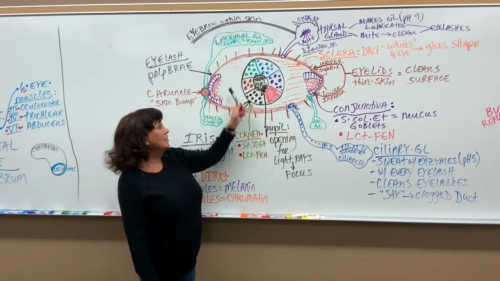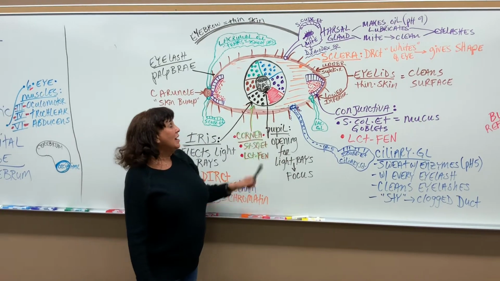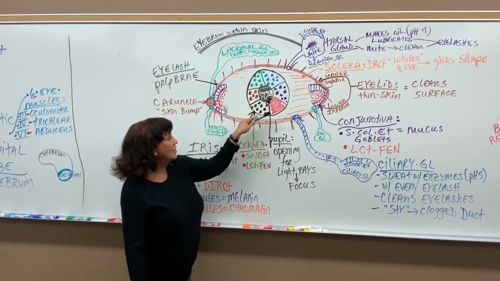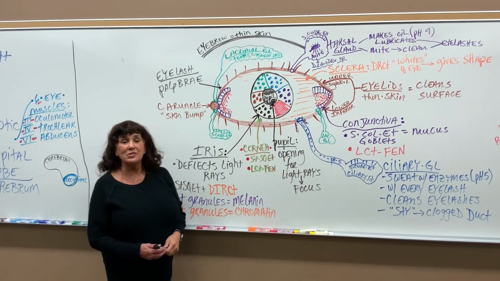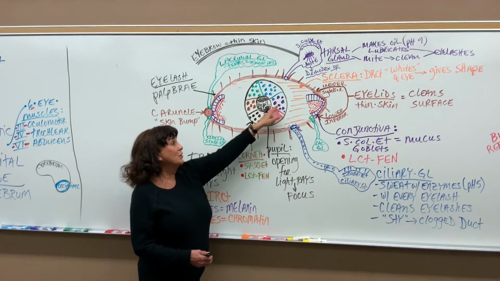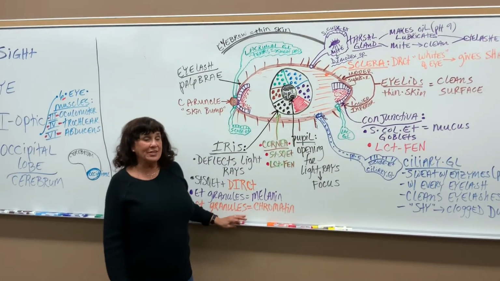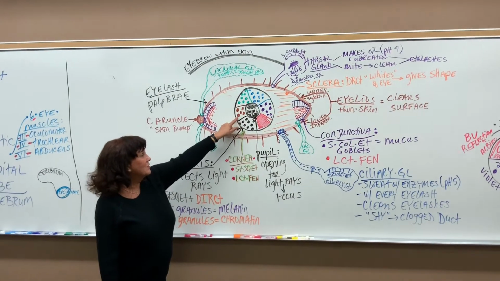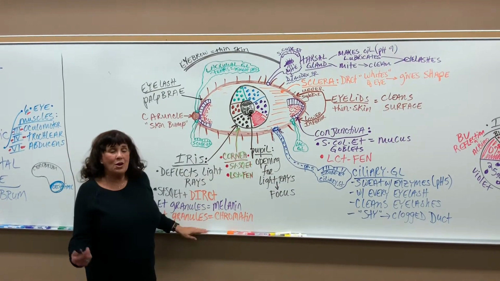And then sitting in the center of your eye, we have a structure right here known as the iris. The iris has ET and CT granules on the inside of it, giving it different colors, and I'll discuss this at the end, okay? They're all the same granule.